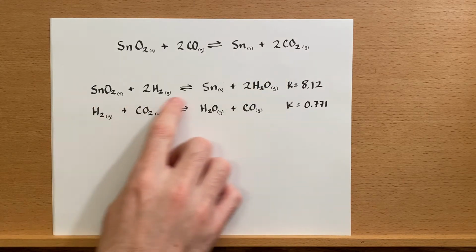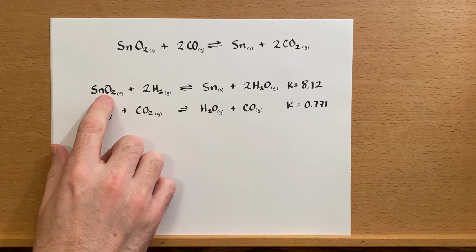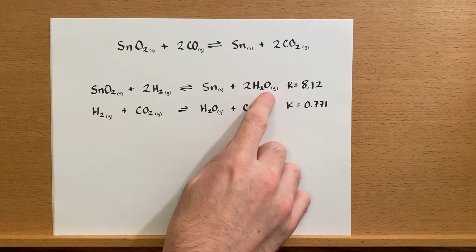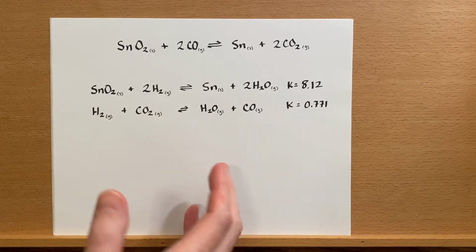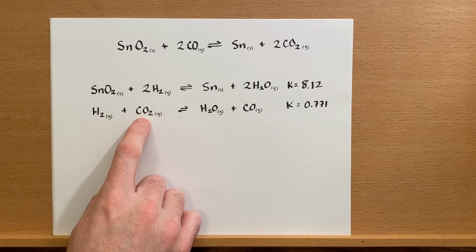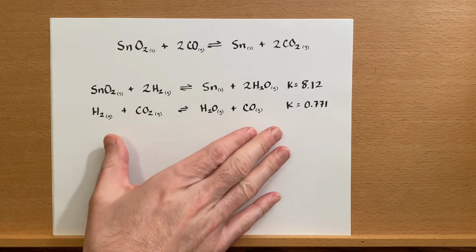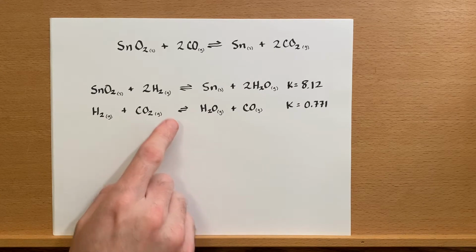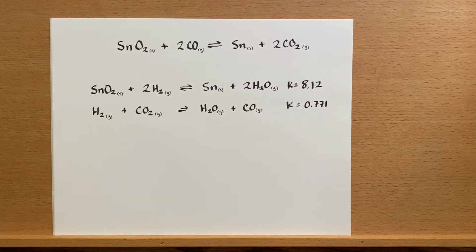Below we have some chemical data for a reaction with tin(IV) oxide and hydrogen gas to make water and tin. And we also have a reaction between hydrogen gas and carbon dioxide to make water and carbon monoxide. Using this information, we can determine the equilibrium constant for the reaction above.